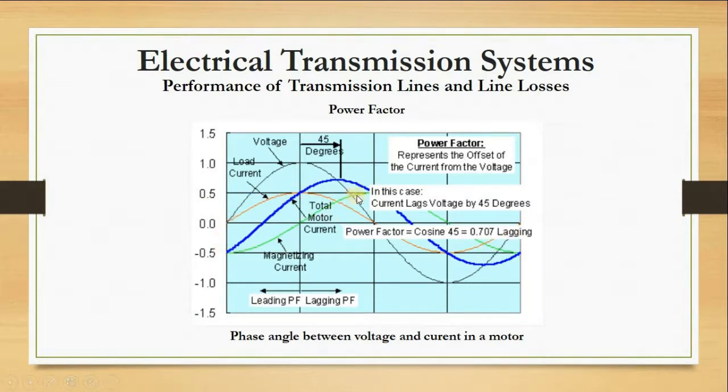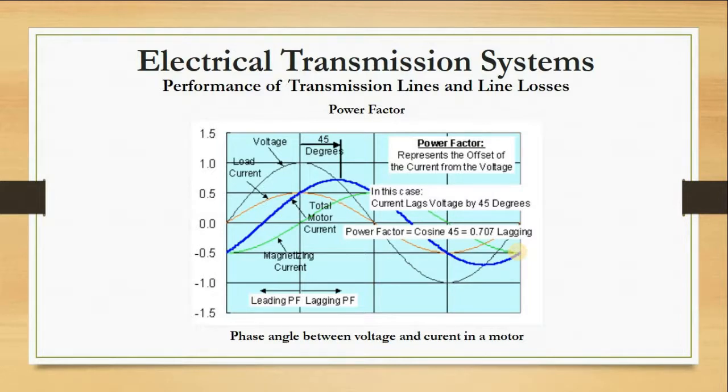The magnetizing current is the current that goes into the coils of the motor, because the motor operates by electromagnetic induction, which means that the coils on the stator windings have to be energized to produce a magnetic field to interact with the rotor. And then it interacts with the rotor windings and the armature windings, as the windings cut through that magnetic field.